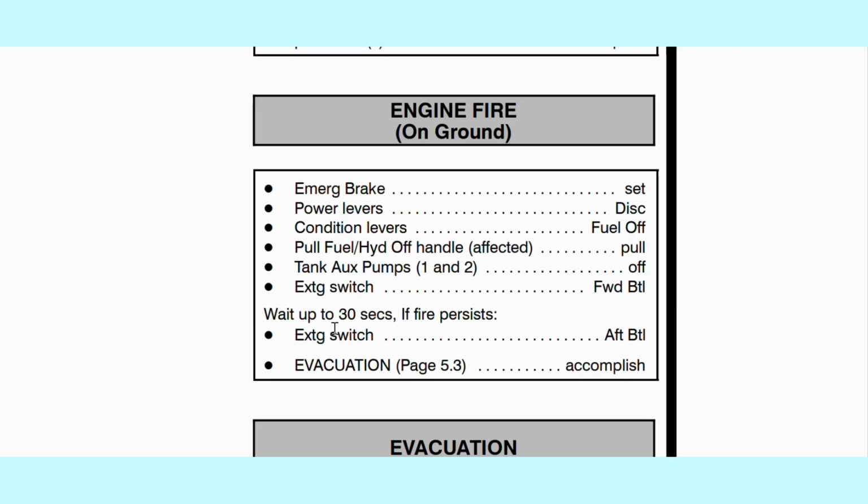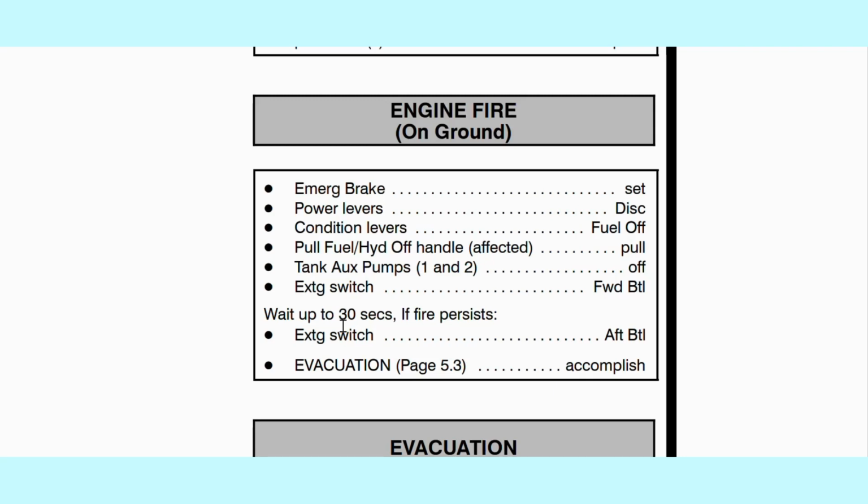Many times in the simulator or in the training environment, or sometimes even in reality, we end up deploying both bottles. Now, for example, if you were in the air and you deployed the first bottle for one of the engines and the fire went out. Now, let's say a hypothetical scenario where another engine caught fire. A training situation can give you this one. So now you need to remember you only have two bottles which are mounted in the left wing root in the Q400.